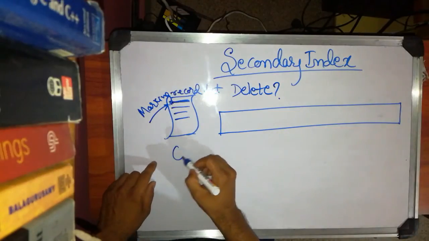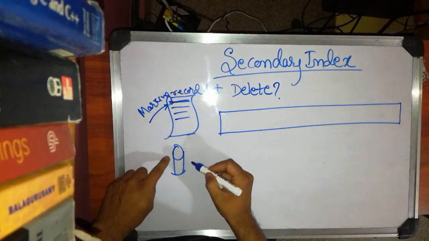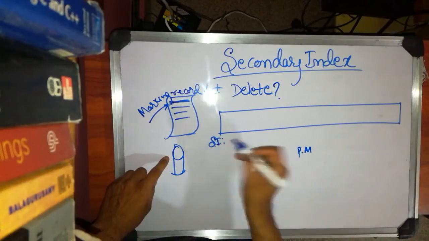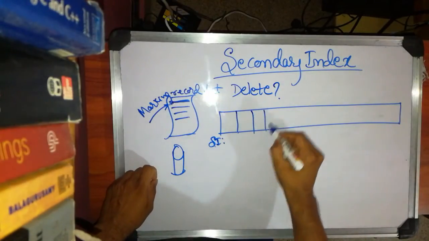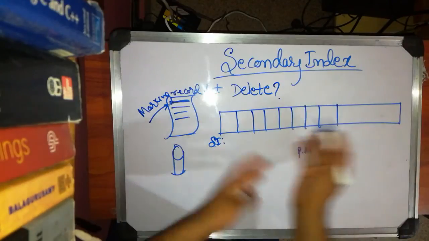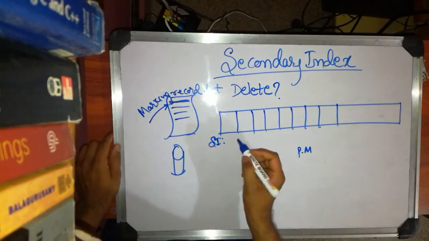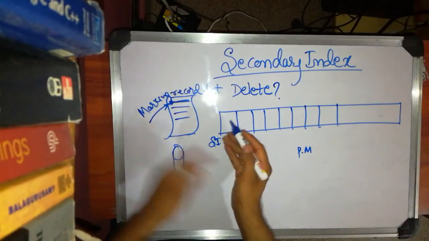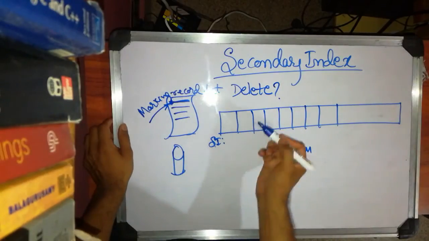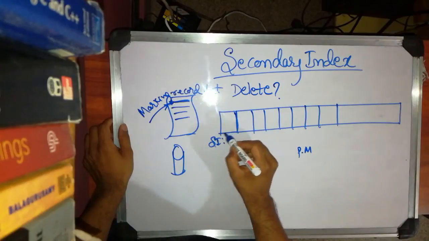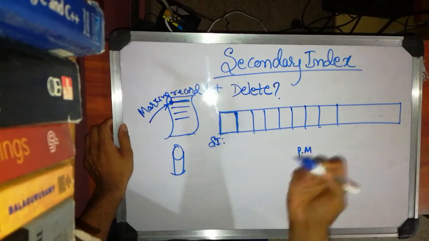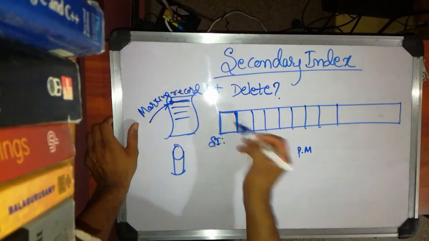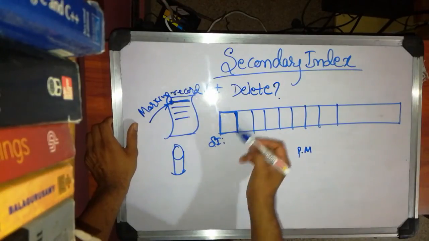We know that the file is on the hard disk, but the index is in the primary memory. So this is the secondary index that we have built. Now say there are around 10 different entries, and we are supposed to delete the very first entry. Now we've searched, we got it, so we know that it is in the very first entry in the index. So we want to delete this, right? So how do we delete?